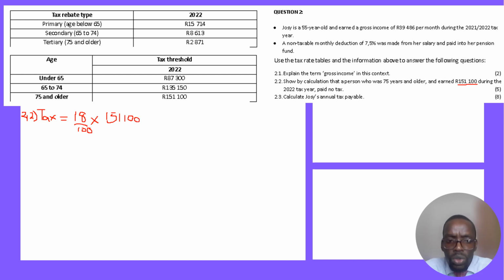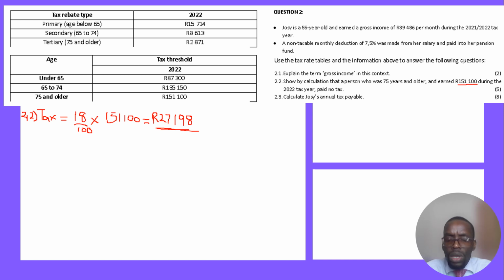Okay, if you do this, then it would mean that the amount that is supposed to be paid as tax, in rand terms, is going to be 27,198. According to my calculator, 27,198 is what is supposed to be paid.